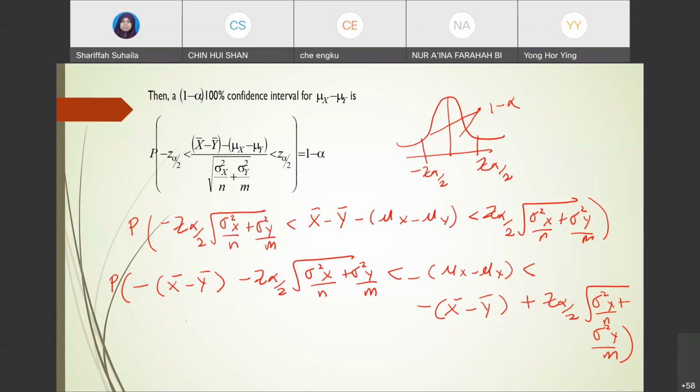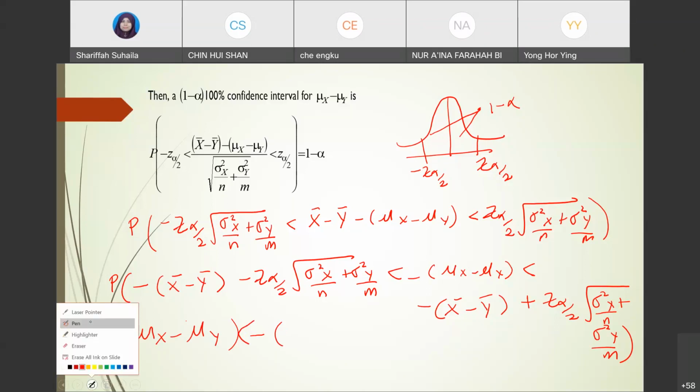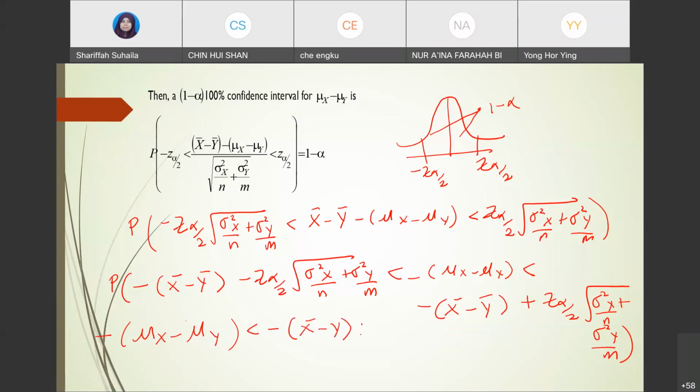So, cuma kat sini kita solvekan inequality dia step by step. So katakan let's say the first step, you take negative mu x minus mu y less than negative x bar minus y bar plus z alpha over 2 square root sigma square x over n plus sigma square y over m. Okay, so katakan ini 1a.